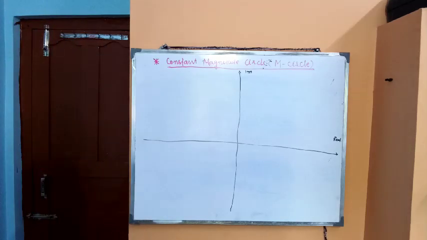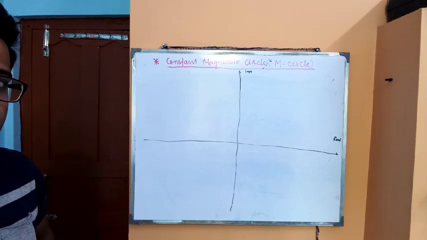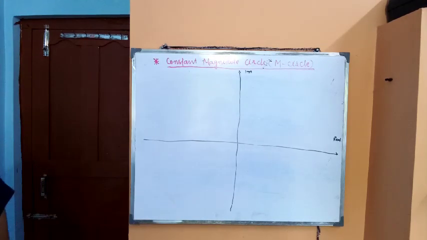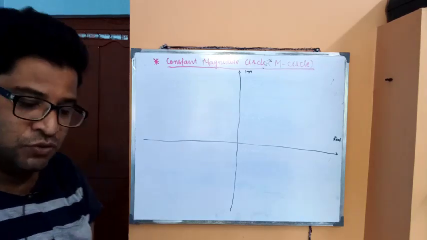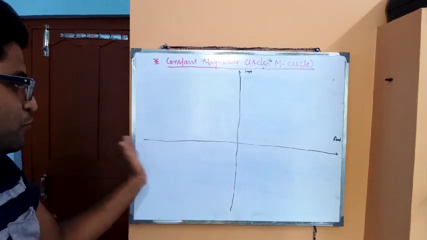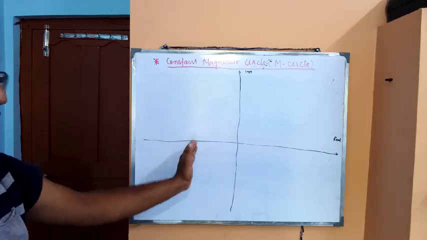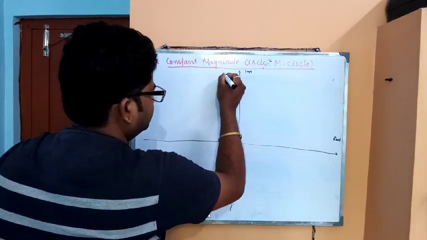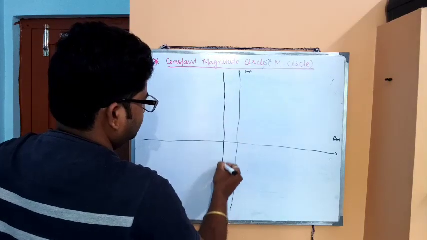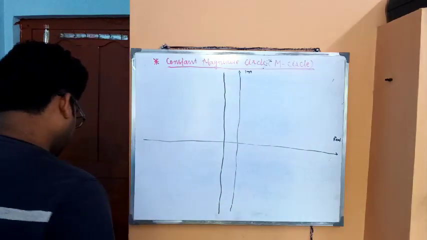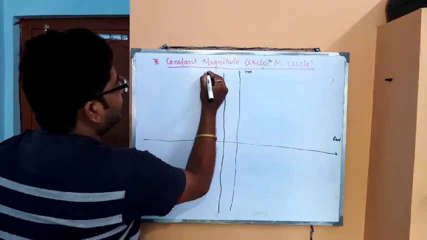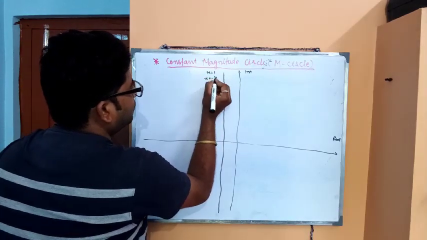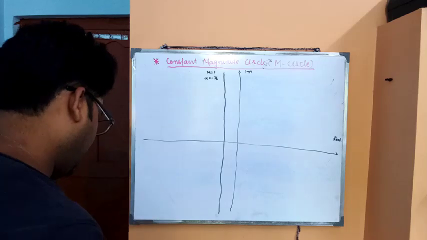This line is parallel to the y axis, or simply the imaginary axis, and passes through the point minus 1/2, 0. So minus 1/2 means it will be on the left hand side of the imaginary axis. Here M is equal to 1, x is equal to minus 1/2 and y is equal to 0.